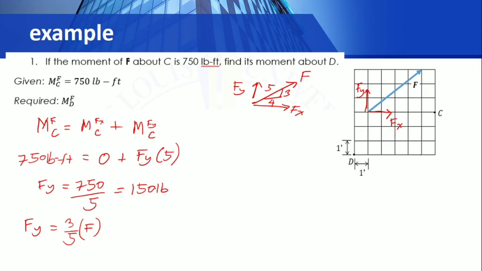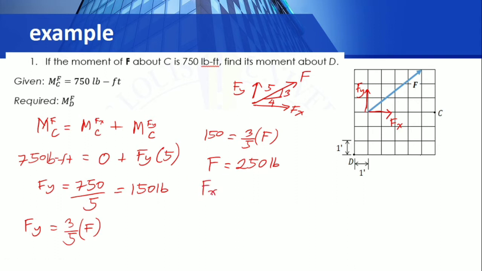So, that will be F of Y natin is 150 pounds is equal to 3 over 5 multiplied by the force F. So, makukuha na natin yung force F natin, which is compute for the force F. So, that will be 250 pounds. So, for f of x, makukuha na natin yung f of x natin.